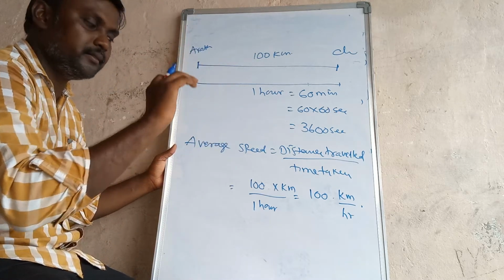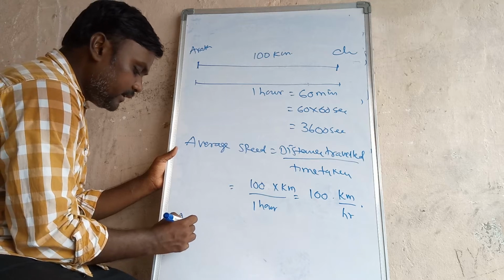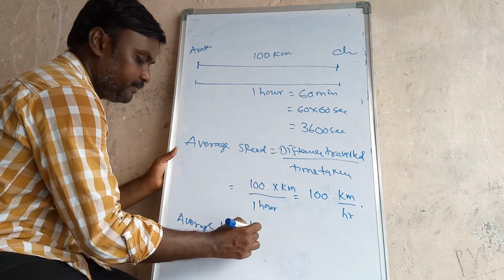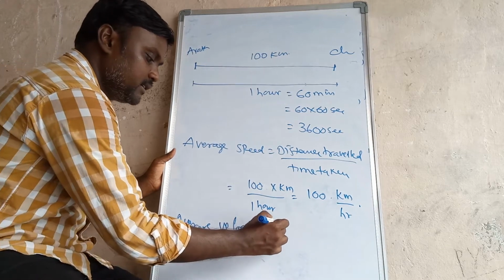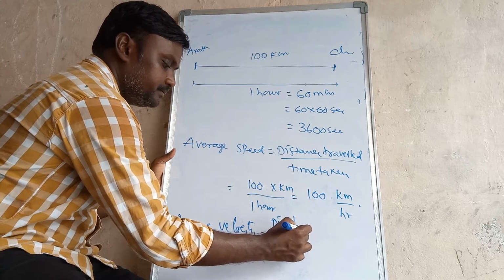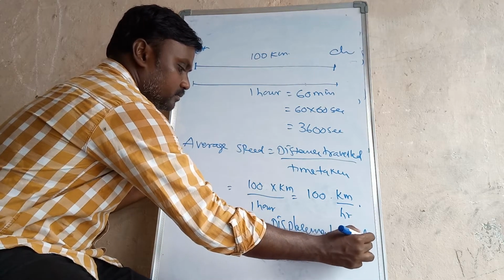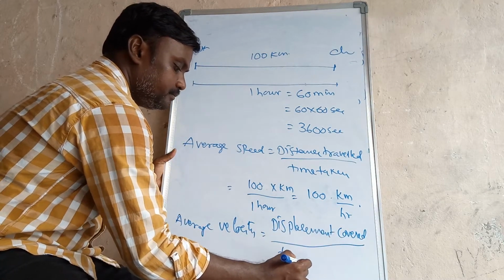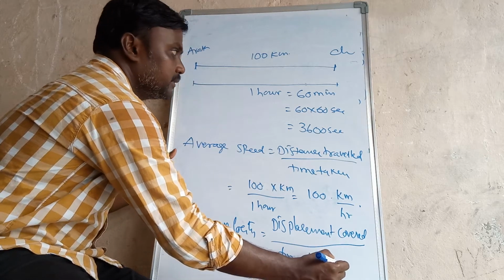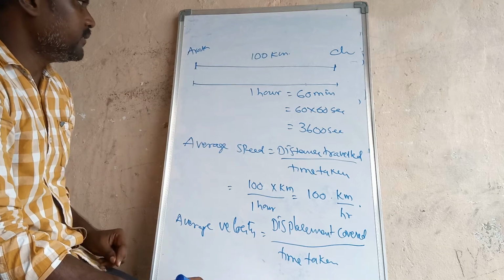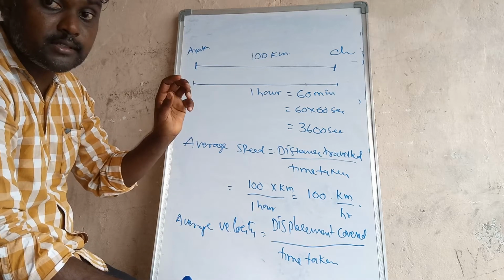Okay. And here we can also define what is average velocity. The formula is displacement covered by time taken. And you may not have a straight path. For example, from Arakonam to Chennai, this is all an imaginary example, don't argue with me.